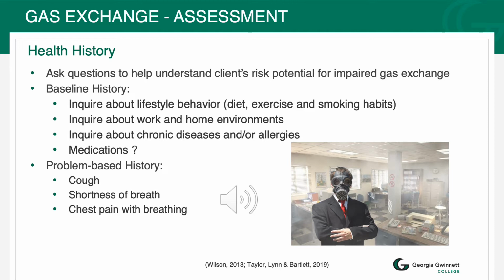So do they exercise? Are they more sedentary? Do they smoke? What kind of work do they do? Are they around pollutants? Do they live in the city? Do they work in a factory? Or what's their home environment like? So those type of baseline history will kind of get to their risk for potential impaired gas exchange.